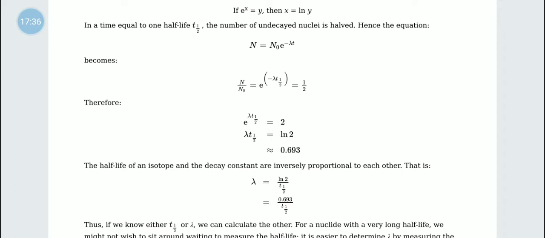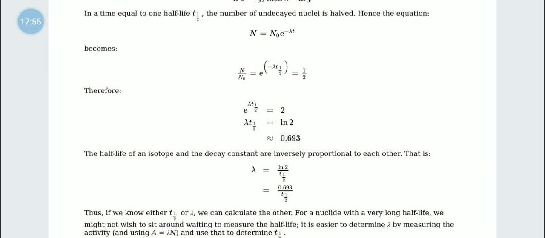which would give you the half-life of an isotope, and the decay constant would be inversely proportional to each other. That is going to be lambda is natural logarithm 2 divided by t half, which is going to be 0.693 divided by t half.